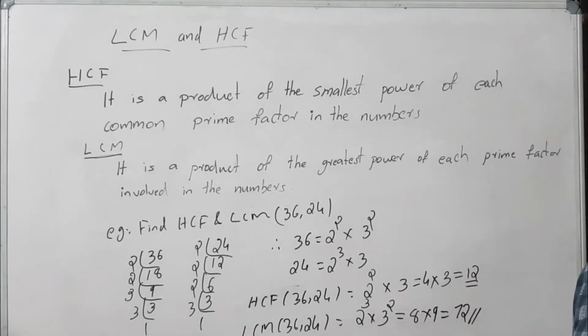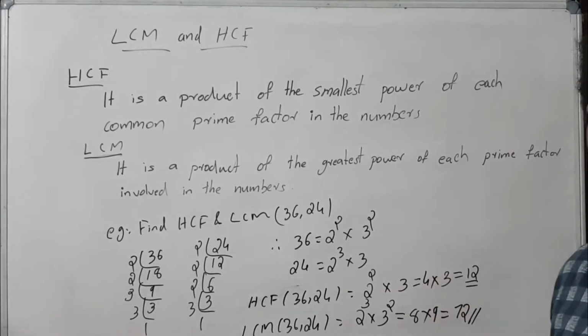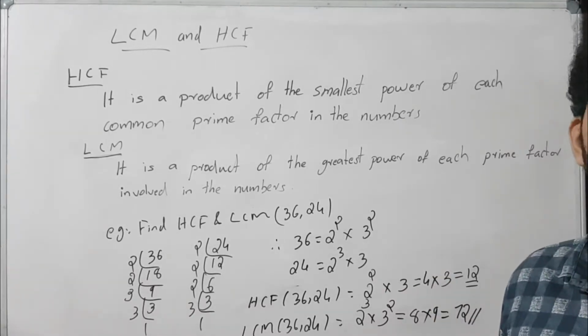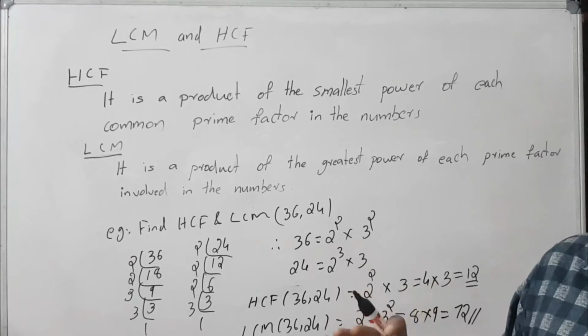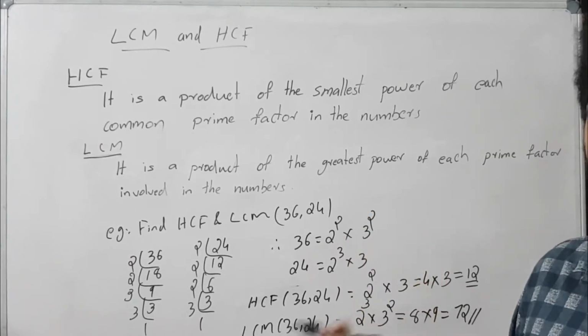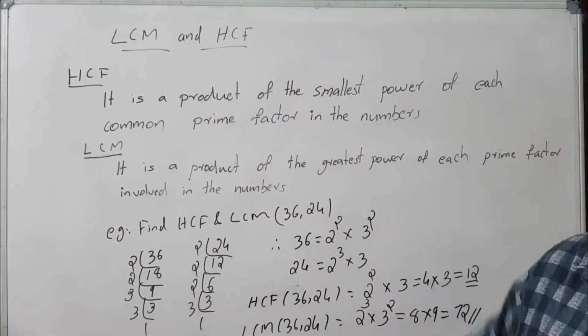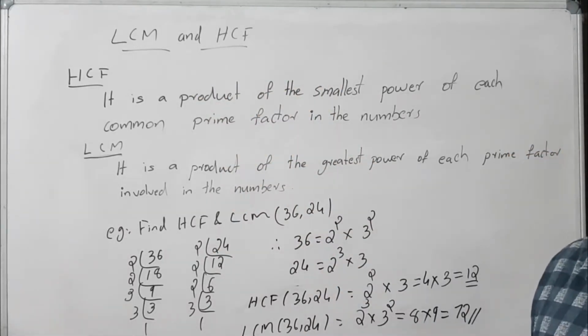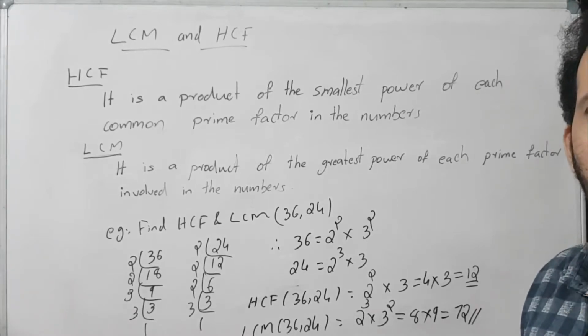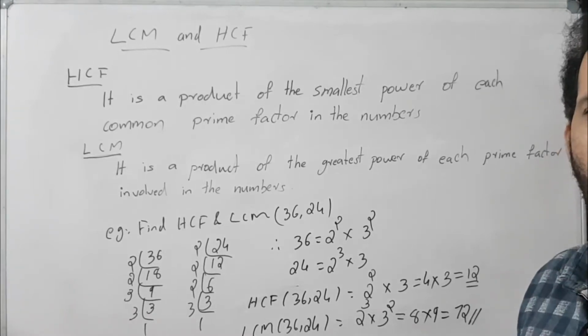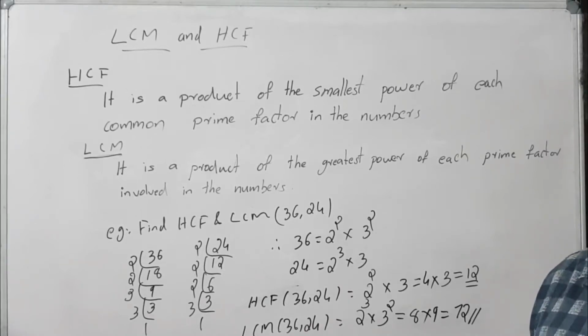Okay. Then I think you got the idea how to find the LCM and HCF of two numbers. The LCM and HCF of numbers, not only two, more than that. Okay. Then what is HCF? HCF is the product of the smallest power of each common prime factor involved in the numbers. That is important.